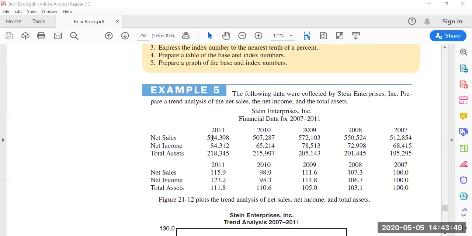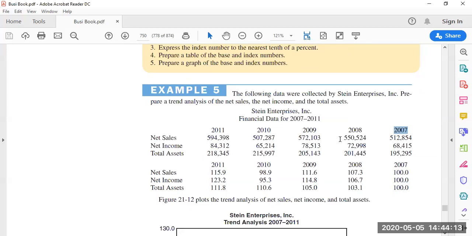They took the data, and notice the 100% is the 2007 year. So the 2007 year is their base year, the year that they're going to use to compare all the other years by. Once they take that year, it's going to be 100% of itself.